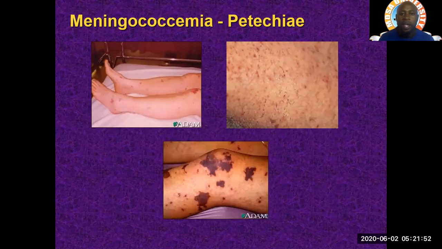On the diagram there, you can see the meningococcal skin patches. So these are patches that come on the body. It's one of the early signs and symptoms that can help you make a diagnosis of meningococcal meningitis. So these patients, if you look at them, you'll find that on the skin there are patches that are formed. These patches may look black, others will be pinkish.